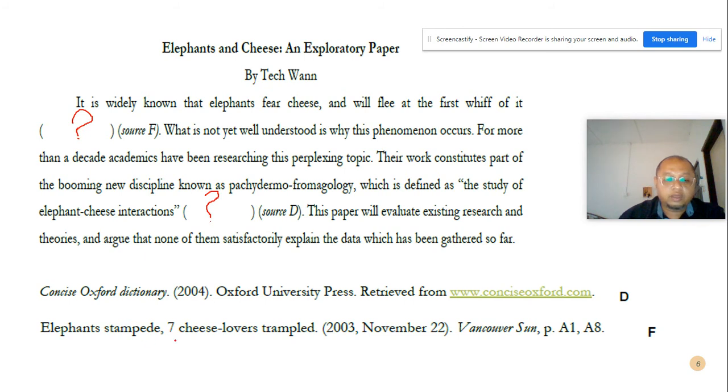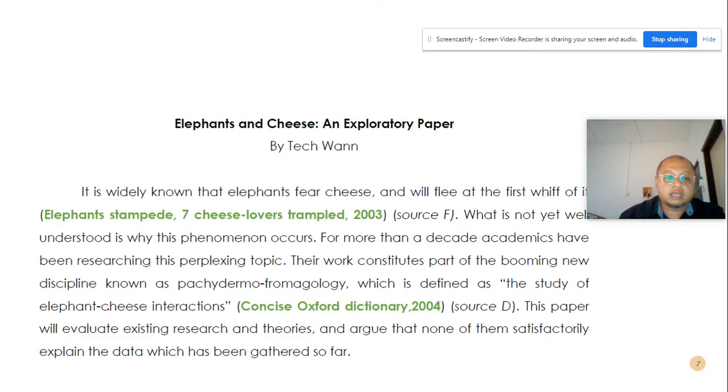Okay, for F, we don't have the name of the author. The same goes for D, right? So this is the answer. Right, so the name of the article and the name of the source is stated here for source D.